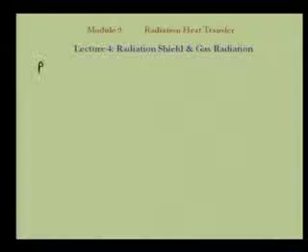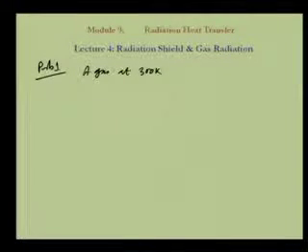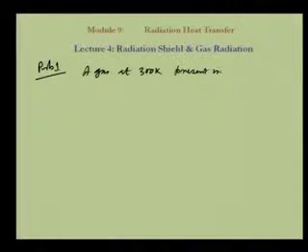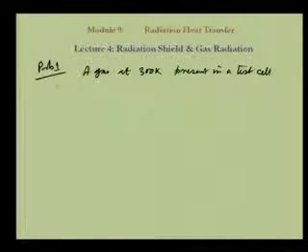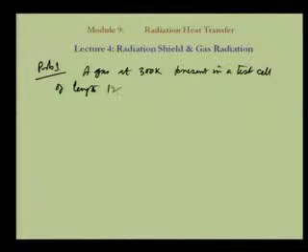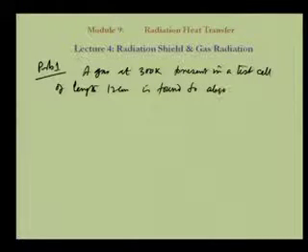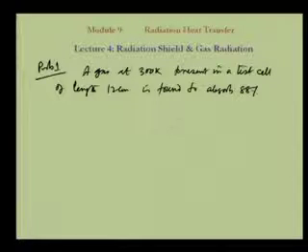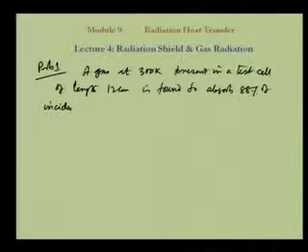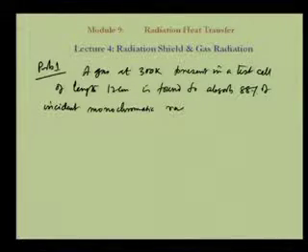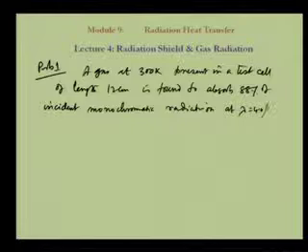Okay. Now, I will take up a few problems to discuss on this. First one is problem 1. Say a gas at 300 Kelvin present in a test cell of length 12 centimeter is found to absorb 88% of incident monochromatic radiation at lambda equal to 4.0 micrometer.